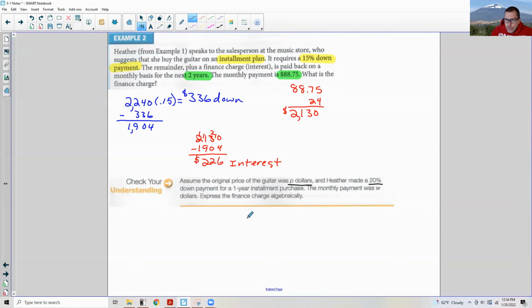Okay, so for starters, W is dollars, and this is 1 year. So how many months are in a year? 12. So that'd be 12 times W is the monthly payment. 12 times W dollars. And we're going to subtract... so what did we do here?